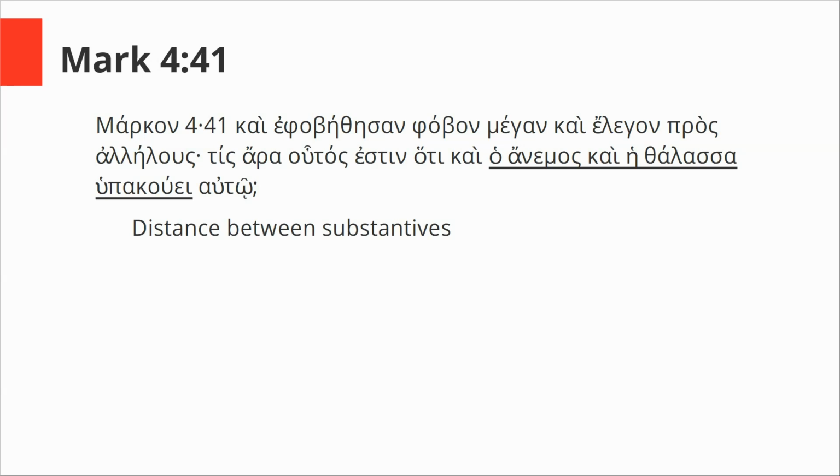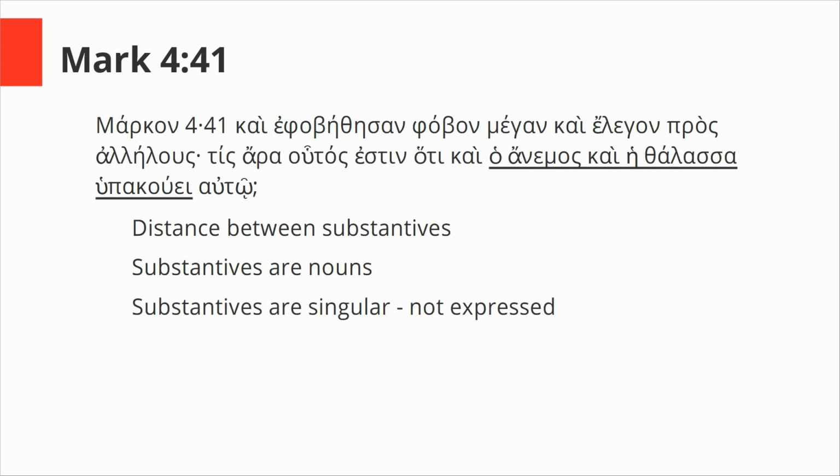The substantives are nouns. They're not participles or adjectives, so we'll constrain them to be nouns. The substantives are singular. Now, I say here not expressed because we will not cover that in our query. We will allow them to be either singular or plural. But we'll have taken a conscious decision to do that, not accidentally have left it out.